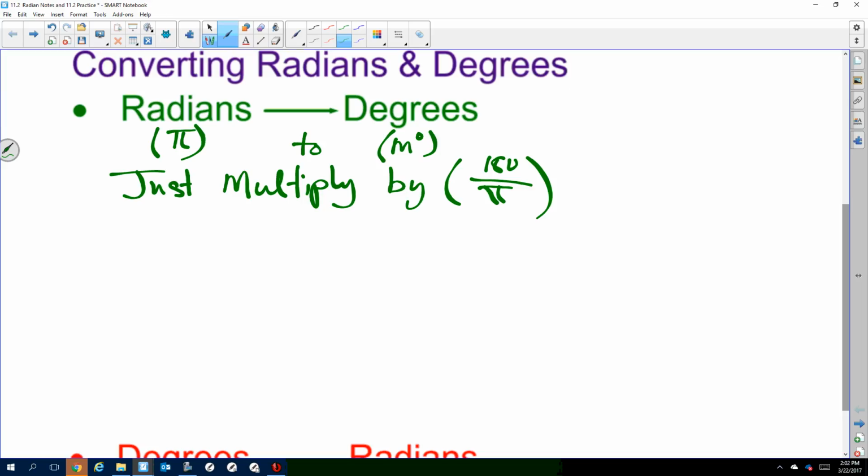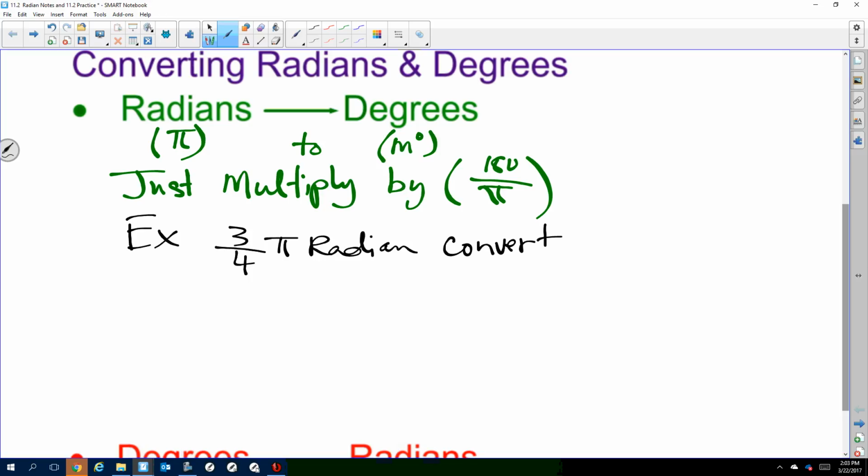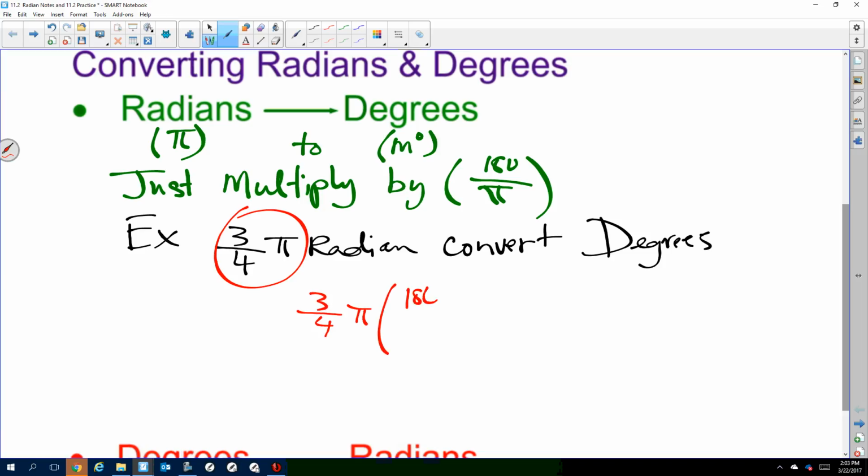Here's an example. Add this to your notes if you did not get this. If I have 3/4 pi radians and I want to convert to degrees, first I identify the radians: the 3/4 pi, because it has a pi. To change that to degrees, I multiply it by 180 over pi.